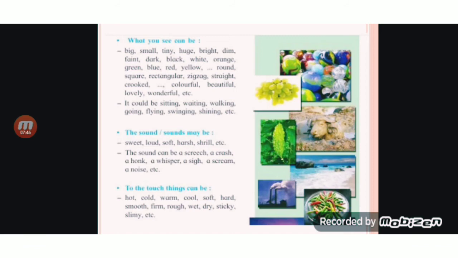Or is it sticky? Or is it slimy? So whatever you know about that picture, how you feel when you touch it, you need to use your senses of what kind of sound it makes, how you feel when you touch it, or what kind of shape, color, what is the position of the object. All these things you need to describe.